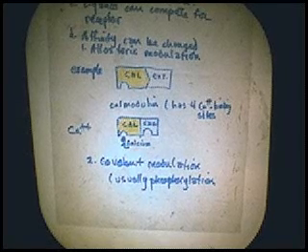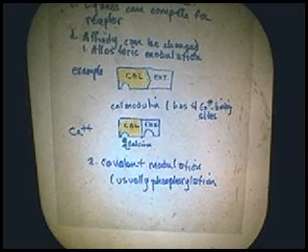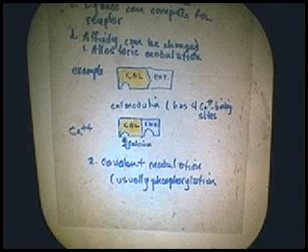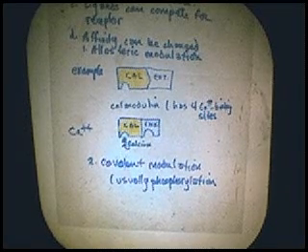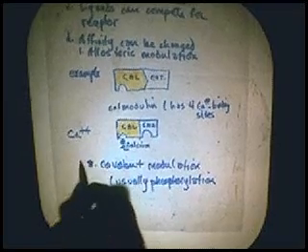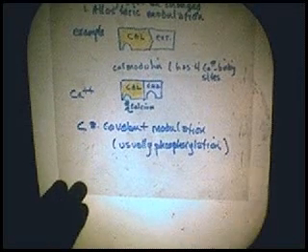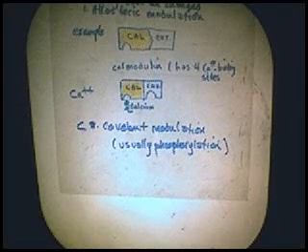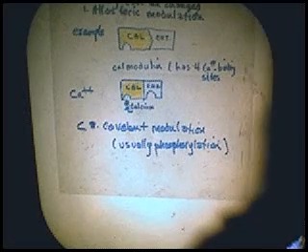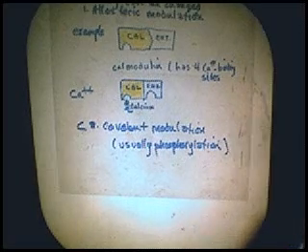Okay, the other kind, where was I? This should be C, covalent modulation of the protein. Usually phosphorylation is the nature of the covalent modulation.